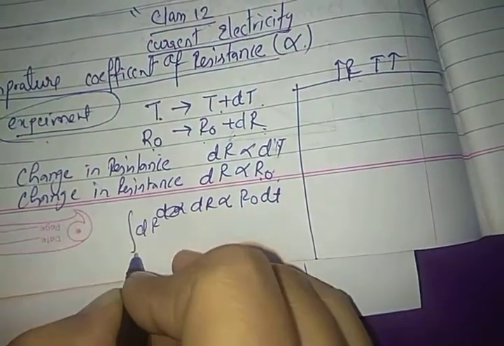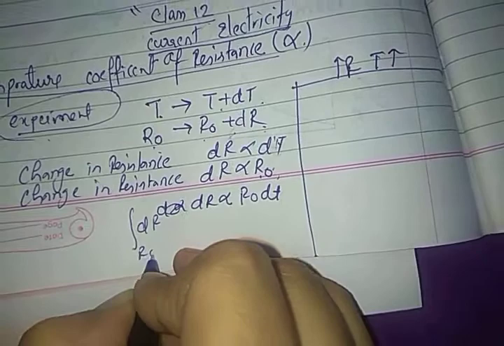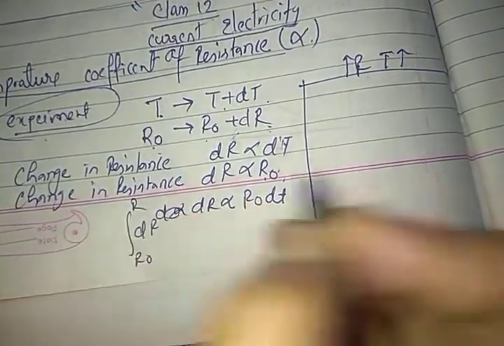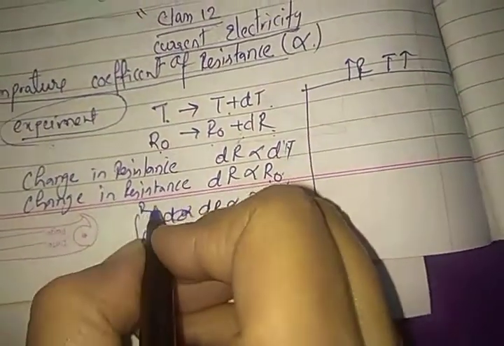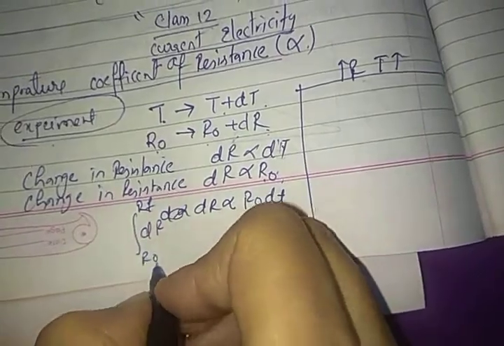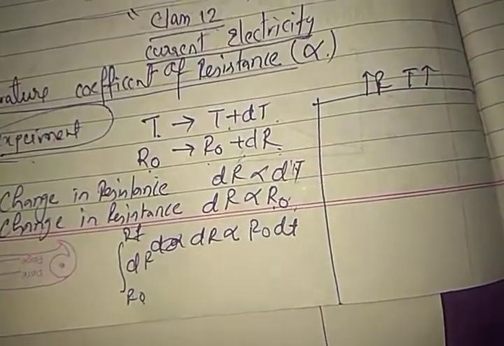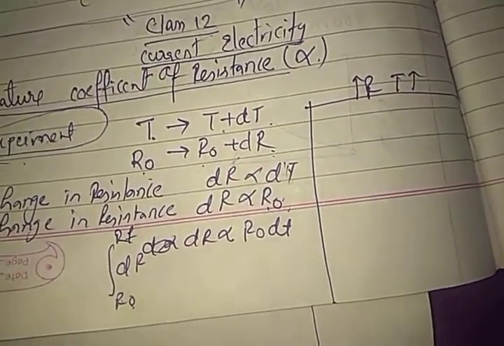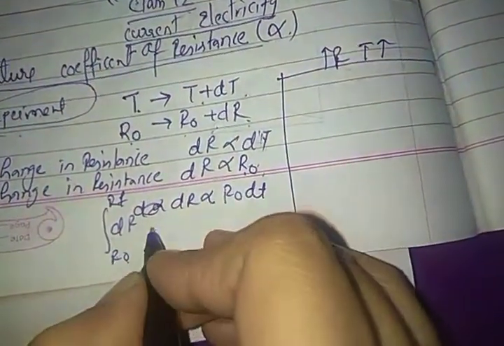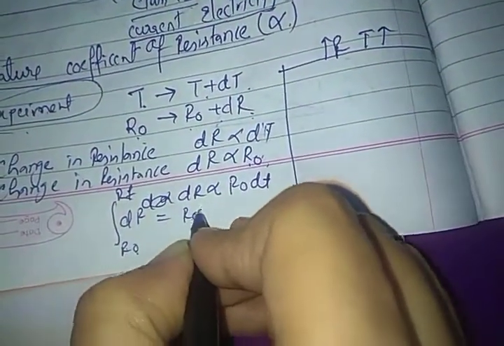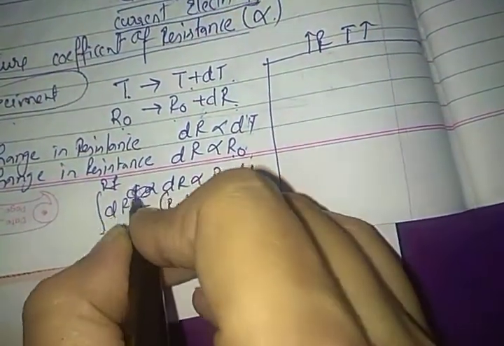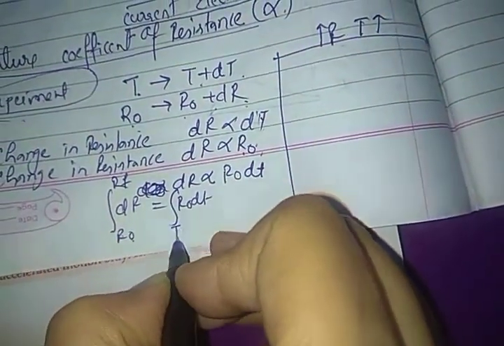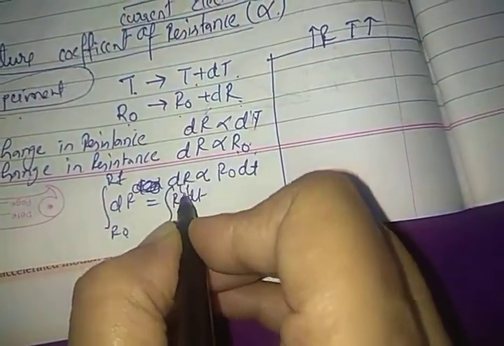Integrate dR, taking the limits R0 to Rf; you can write R initial to R final resistance. Then for the temperature, R0 dT, the temperature goes from Ti to Tf.